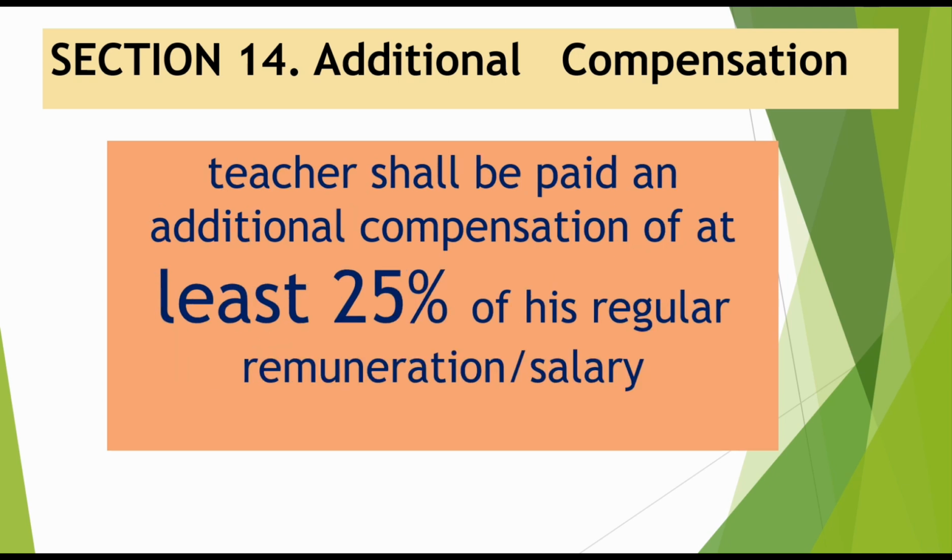In this section, it says that co-curricular and out-of-school activities and any other activities outside of what is defined as normal duties of any teacher shall be paid an additional compensation of at least 25% of his regular remuneration or salary after the teacher has completed at least 6 hours of actual classroom teaching a day.